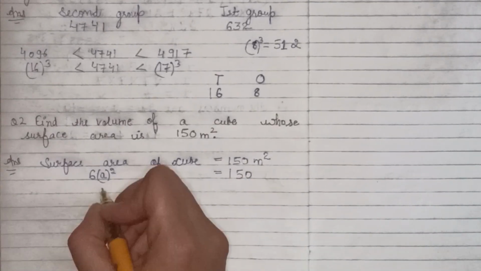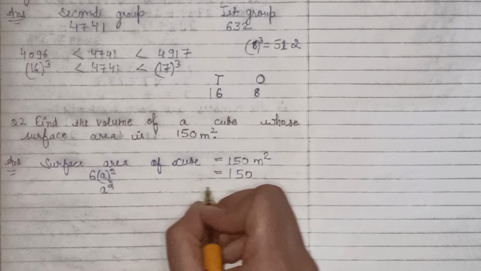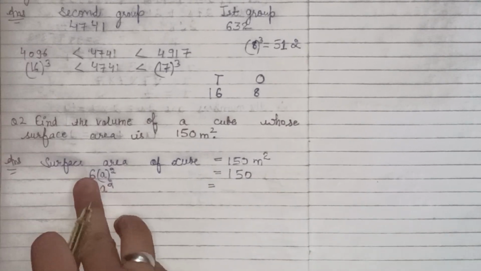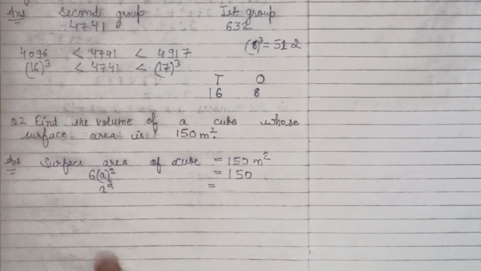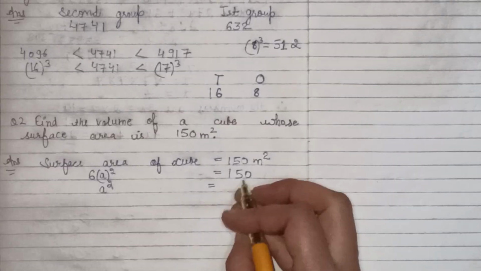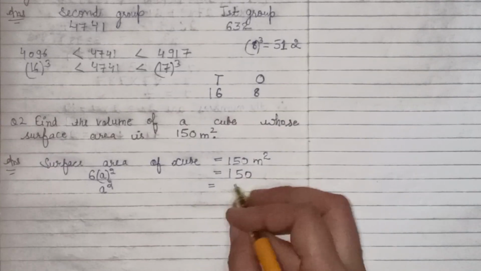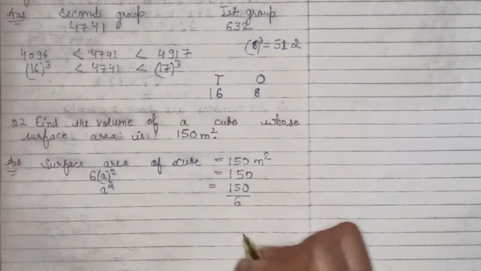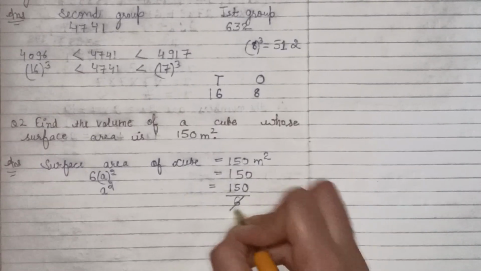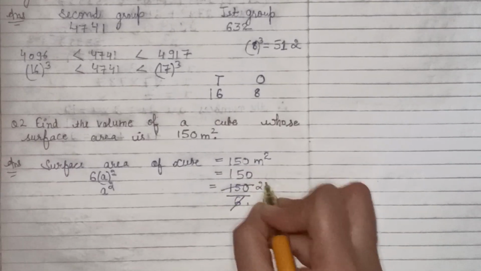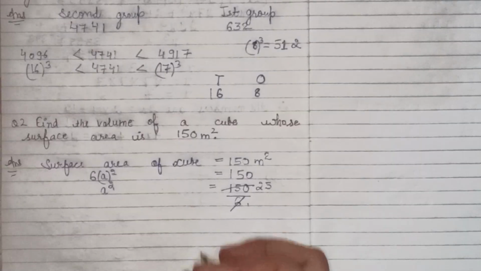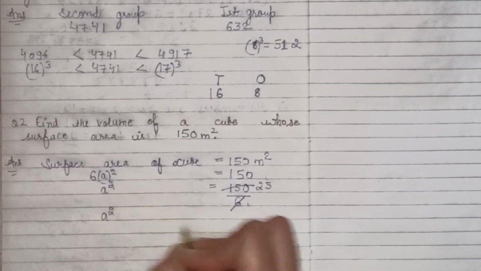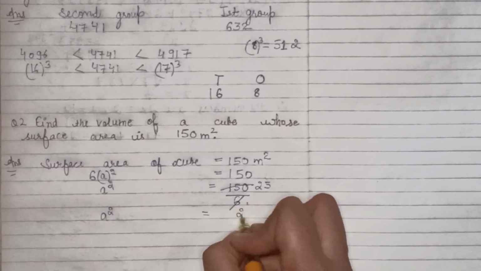Now a square is equal to 150 divided by 6, since 6 is in multiplication and becomes division on the other side. 6 2s are 12 and 6 5s are 30. Then a square is equal to 25.